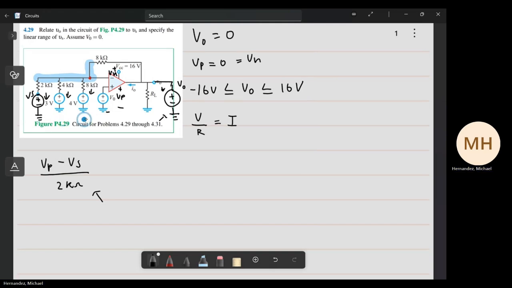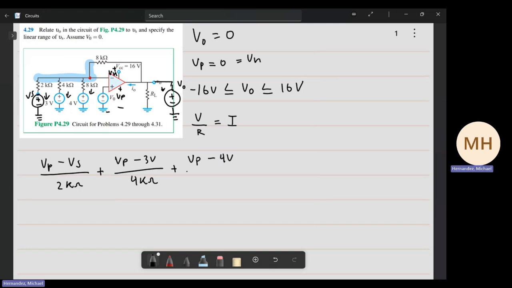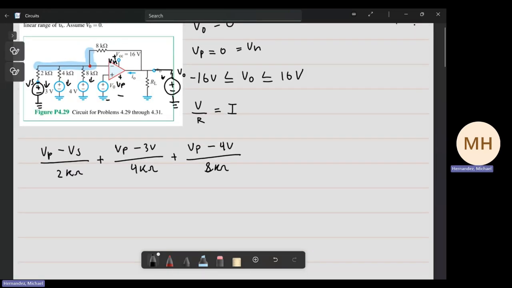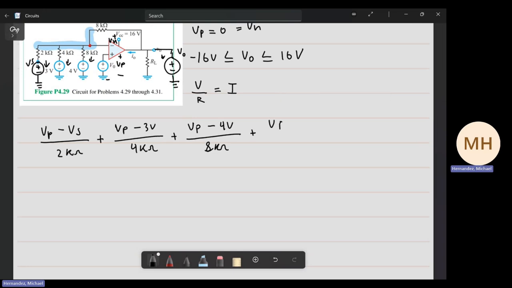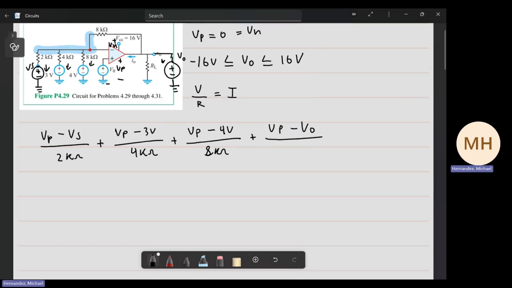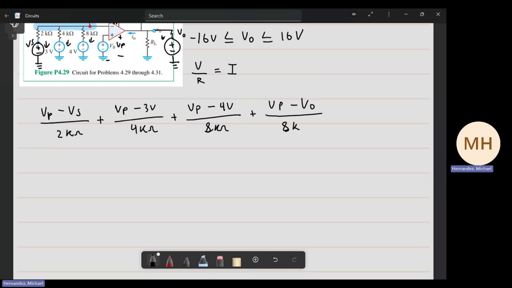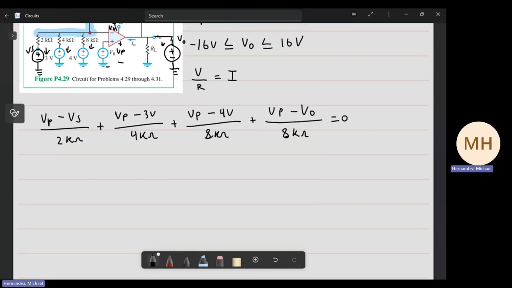And so with that, we do a plus sign, and we do VP minus 3 volts over 4K ohms, and then we can do another VP minus 4 volts over 8K ohms, and then we do the other side, so then we do VP minus VO over 8K ohms, and it's all summed up to 0.